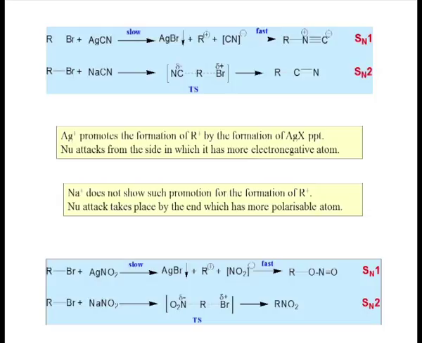The same alkyl bromide when treated with sodium cyanide, NaCN, what do we see? We get RCN. So, this type of thing is called nitrile, this type of thing is called isonitrile. So, totally two different types of mechanism are taking place in this case. When we are using silver cyanide, we are getting one type of product which follows substitution nucleophilic unimolecular reaction, which is written here very clearly as SN1 type.